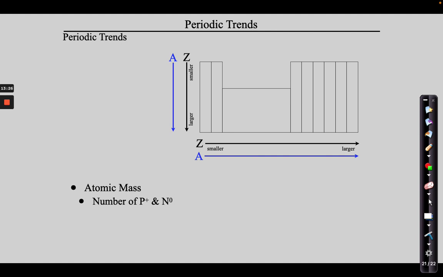What do you guys think? I don't know. You got this. So our groups are our vertical lines.